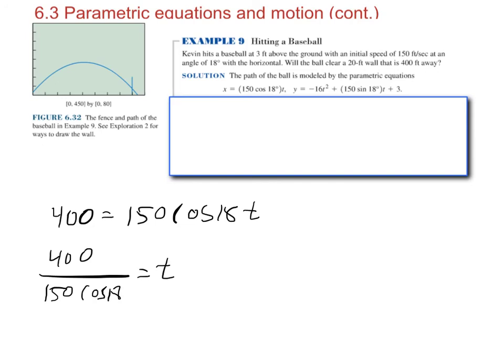Taking a moment to calculate that, we get that t would equal about 2.8 seconds.